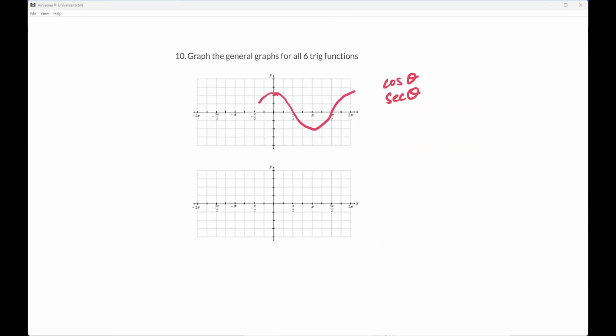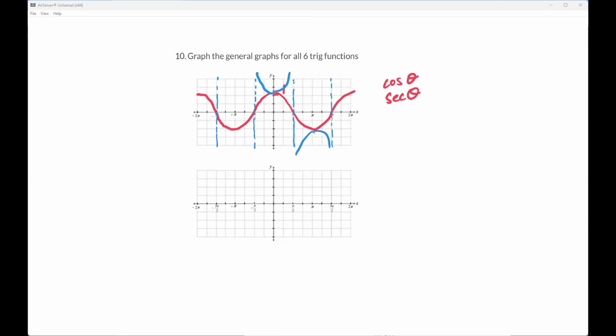And make sure you draw both sides here. Let's just say this is 1. Okay, and then the secant would be right here, right? All right, and so it would be going this way and going this way.